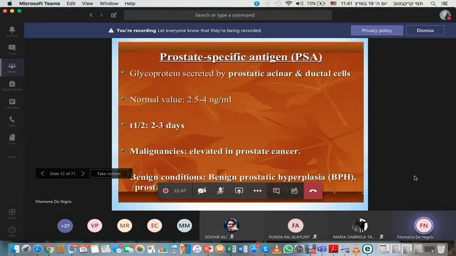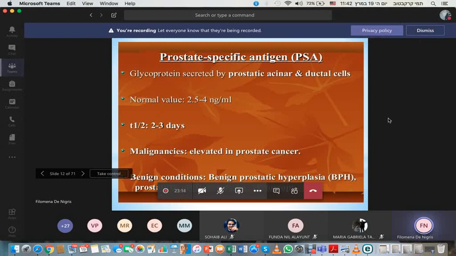Another marker is PSA. As I told before, it is a very sensitive marker. It is specific for prostate cancer, but is also present in benign conditions. So when we have infection of the prostate, we already have an increase of PSA.